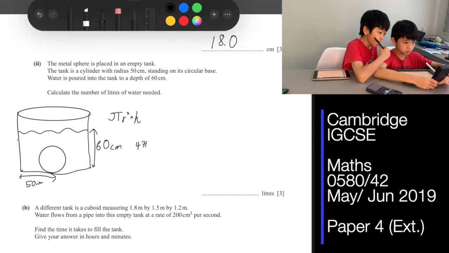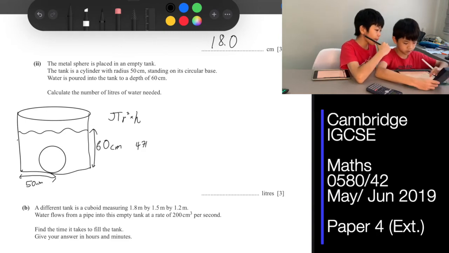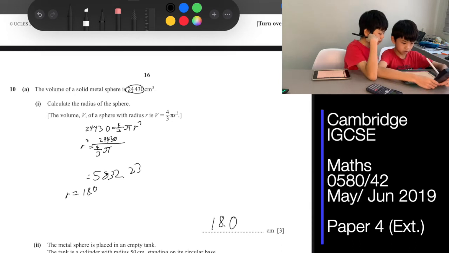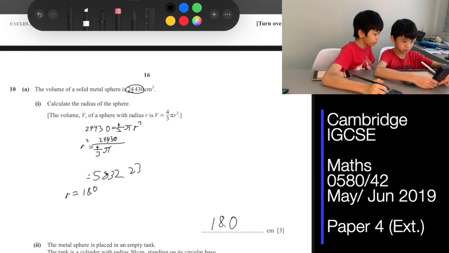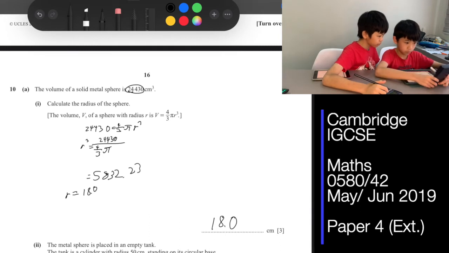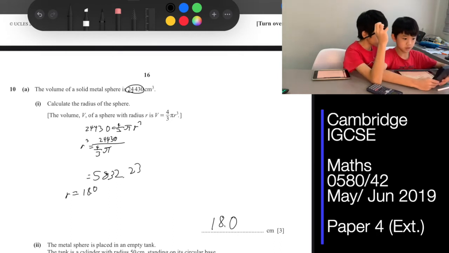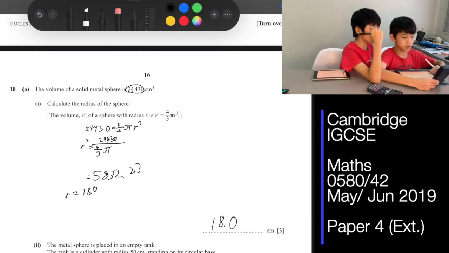Remember, we don't need to divide it by 1,000 yet. And then we minus this one, which is 24430. Minus 24430. Yep, and then we convert it into liters. Divide by 1,000, which is 446.8.